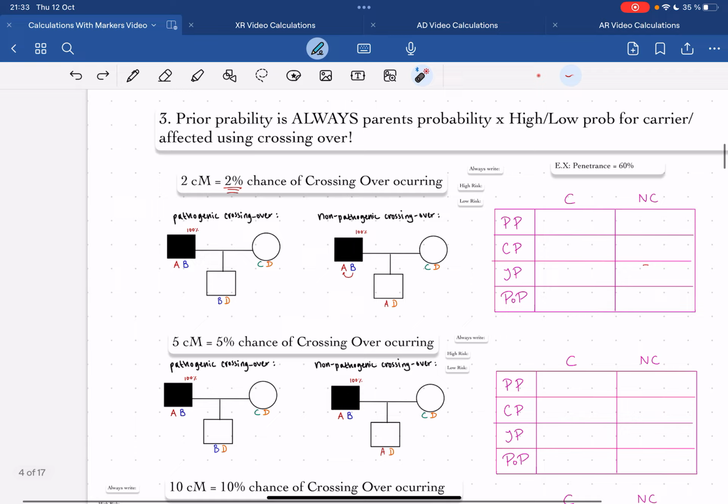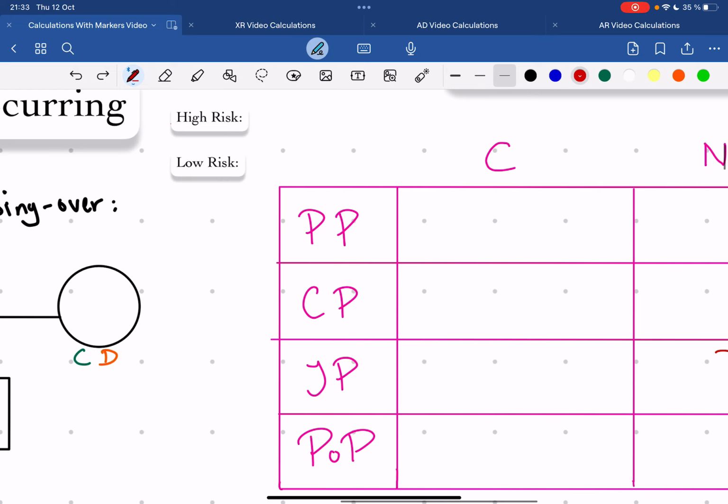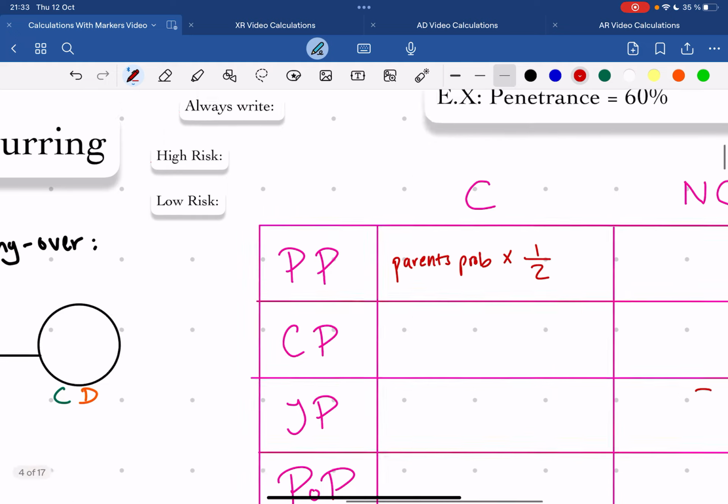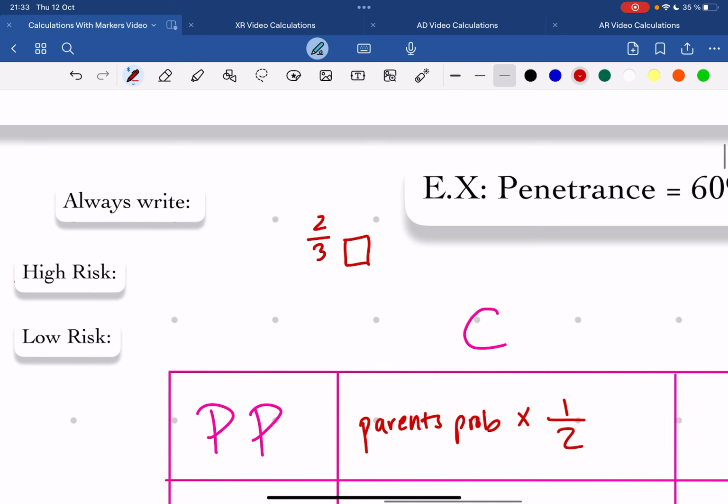That's why it's important to note that here, usually in the prior probability for the previous ones, we would take just the parent's probability times 1/2. So if a parent had, let's say, 2/3 of a probability to be a carrier, this child here would have half of it, which would be 1/3, etc.